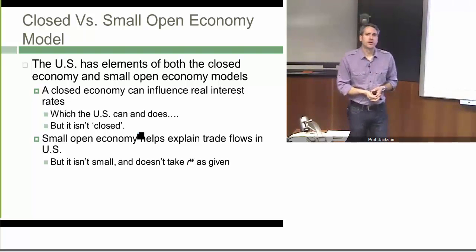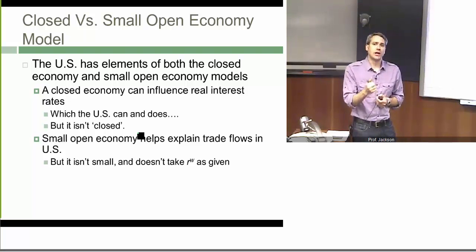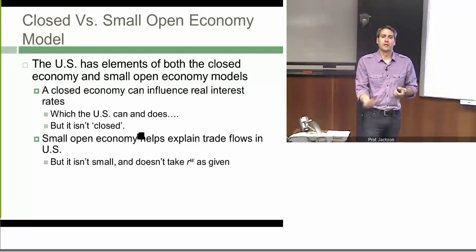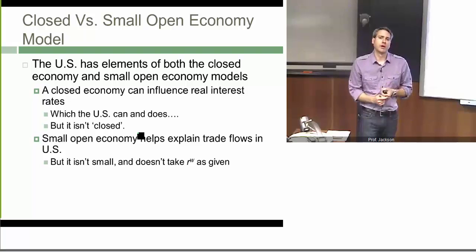So the takeaway here is that we can look at both of these models separately to help us understand what drives real interest rates in the long run and drives trade flows in the long run, but they don't separately allow us to think about how large economies might operate in terms of these two separate frameworks.